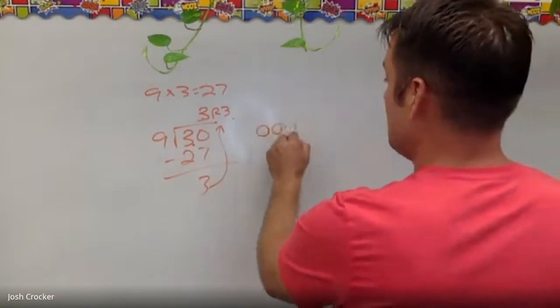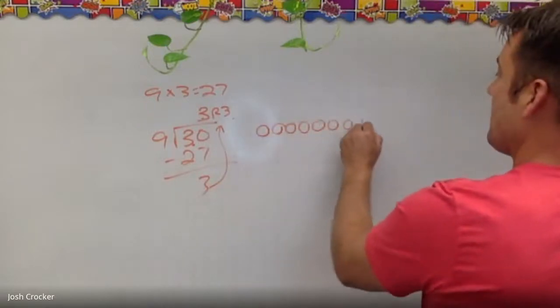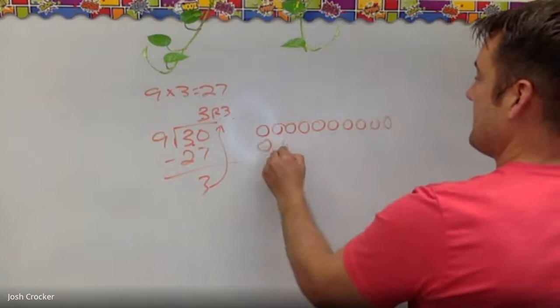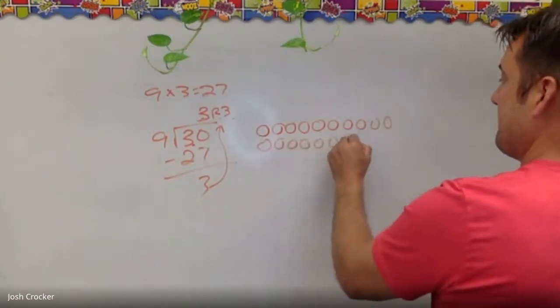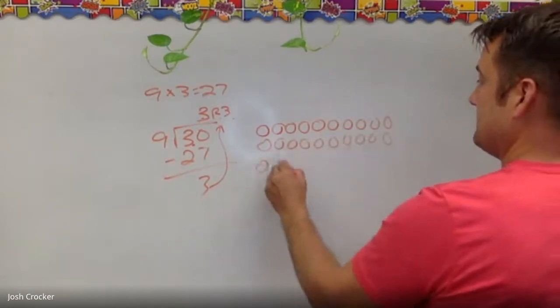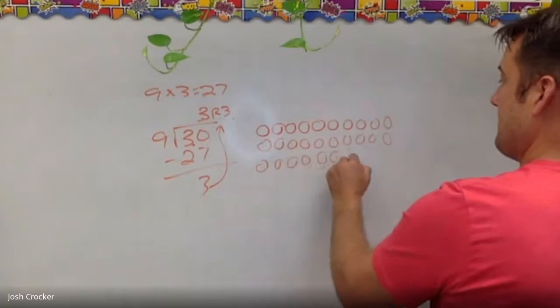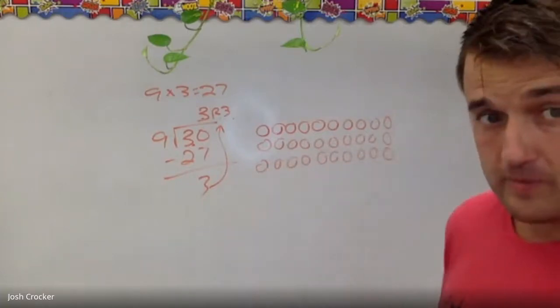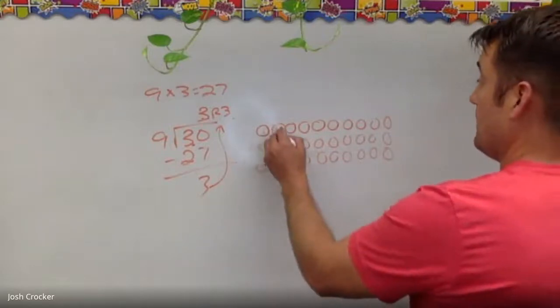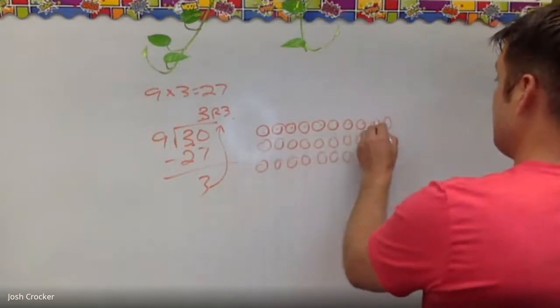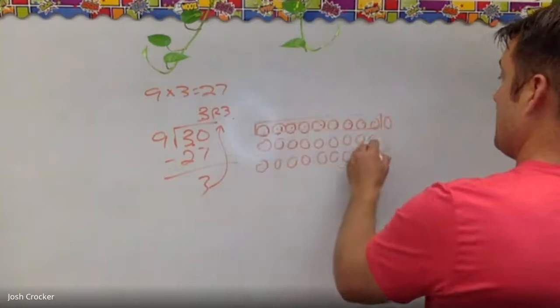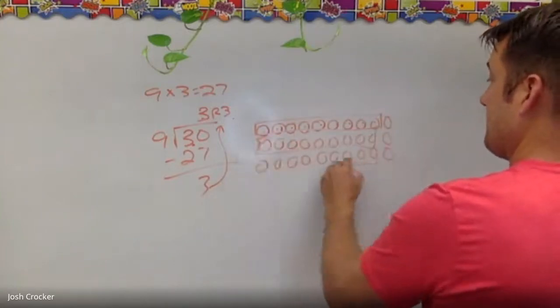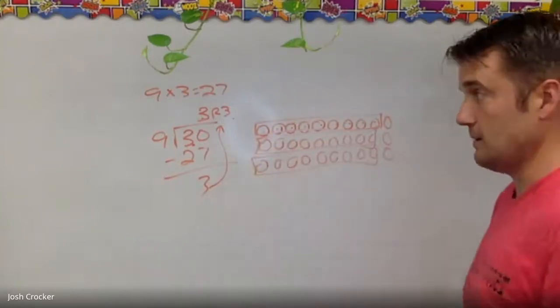I'm just going to draw it. That's 30. I'm going to make groups of 9. 9, 9, 9. I can make 3 whole groups.